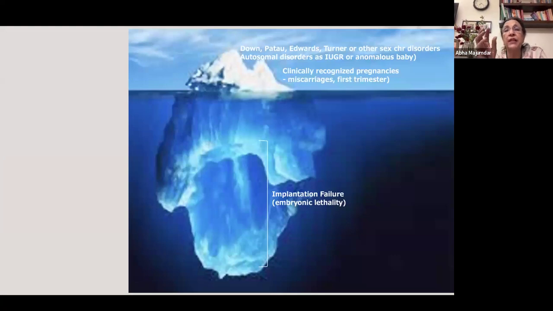So we have to remember that what we see on top of the sea level is clinically recognized pregnancies. First, we see miscarriages in the first trimester. If the child grows further, then we find Down, Patau, Edward, Turner's, other sex chromosomal disorders, autosomal disorders, IUGR, anomalous baby. And the rest is all below the sea level, where there is implantation failure.